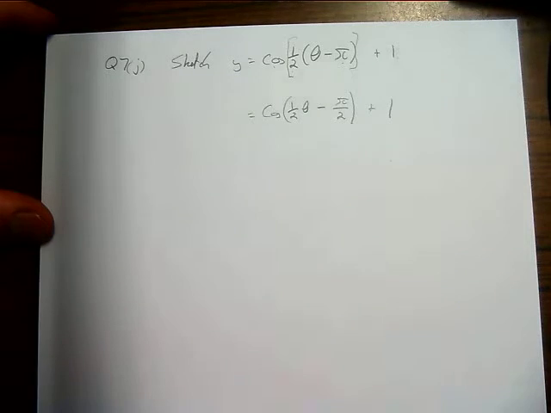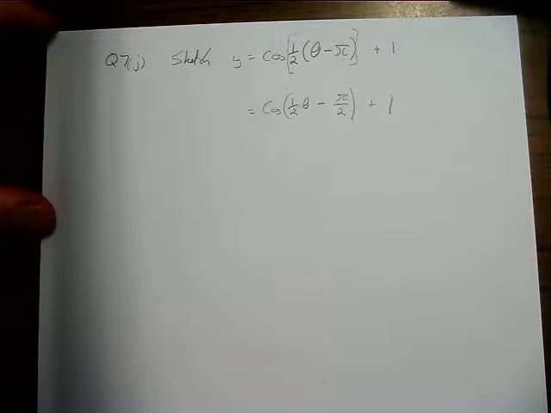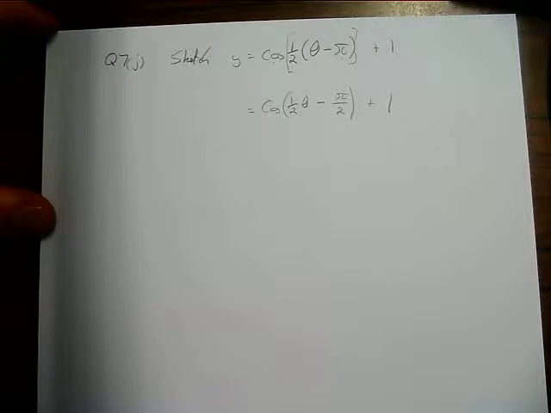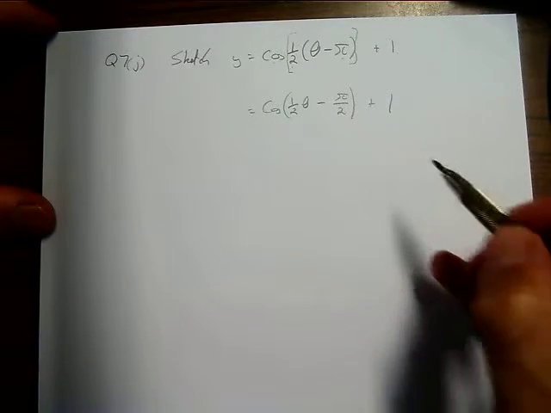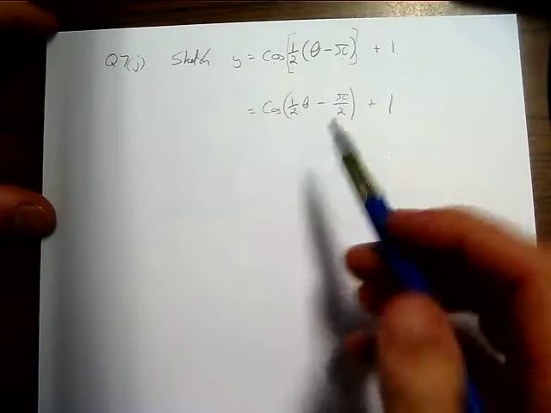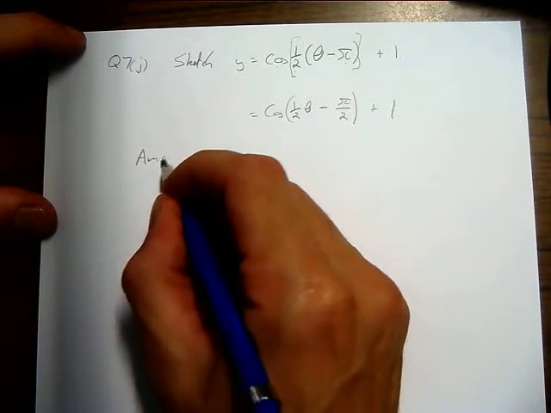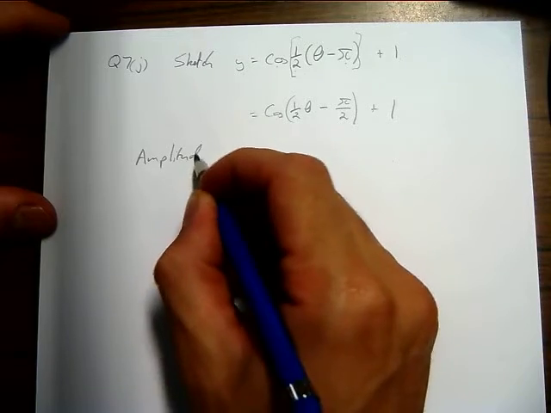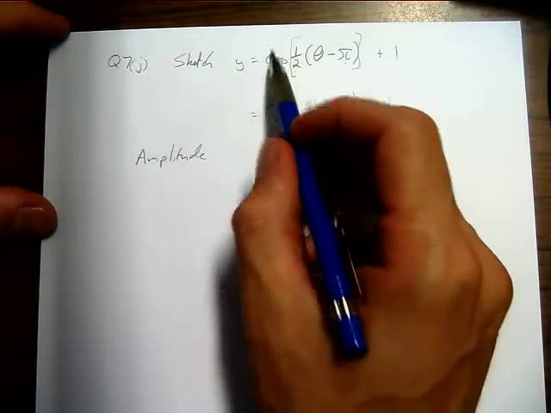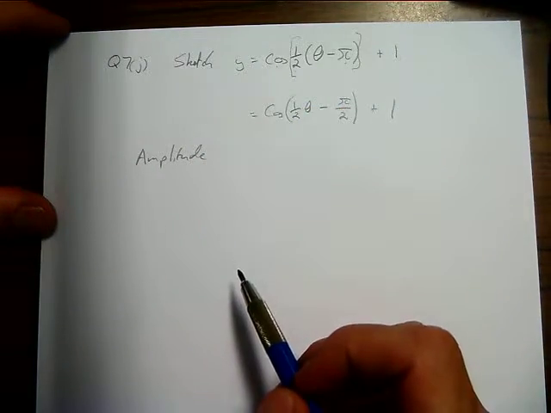Okay, so again, let's write down all the important information first, and once we've done that we'll set up our sketch and sketch it. So what do we have that's pertinent? What's our amplitude? Our amplitude is 1. Because what's the number in front of there? 1, right? That's our ninja number.